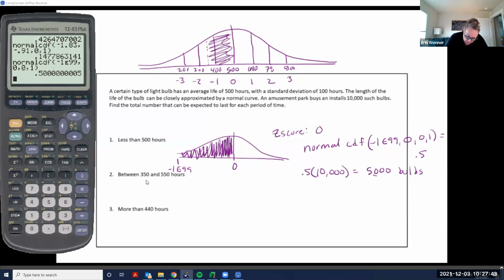And because it's going to go slightly past the mean as well, because it goes to 550, we need to find the Z-scores for 350 and 550.